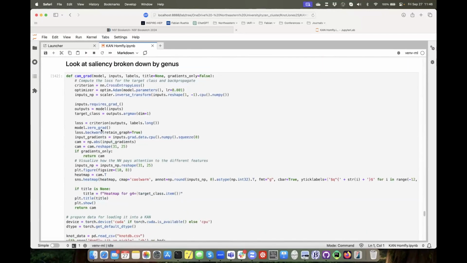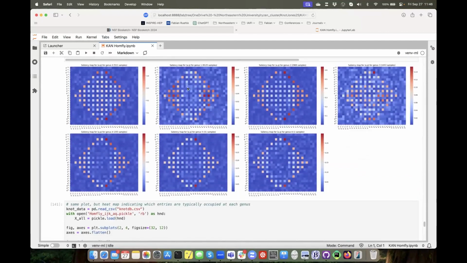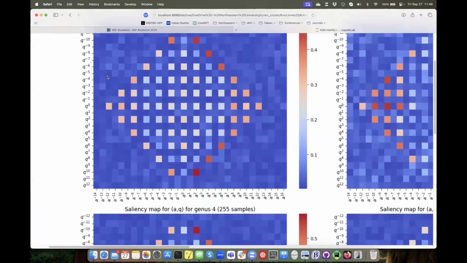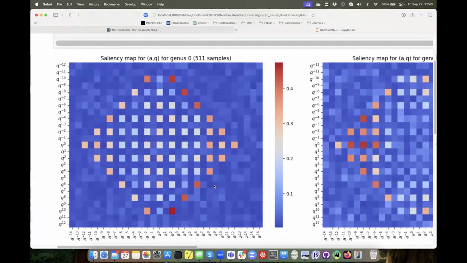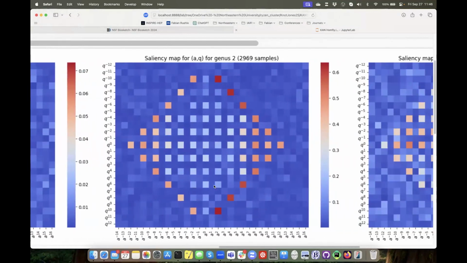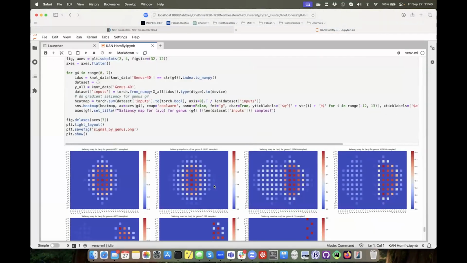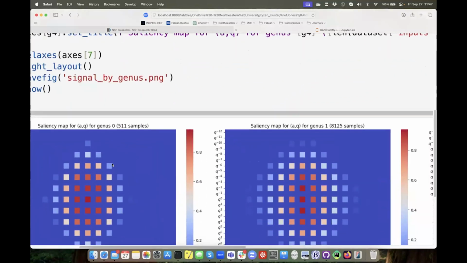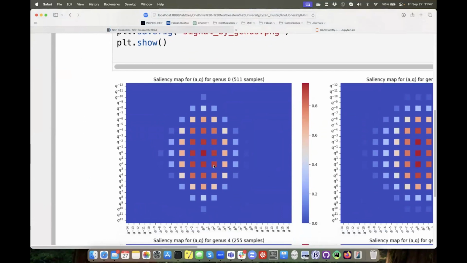This is essentially a superposition of all the saliency analyses if I only feed it genus 0 knots. Everything that lights up to detect genus 0, everything that lights up to detect genus 1, everything that lights up to detect genus 2, and so on. Then I looked at the distribution of entries for genus 0. You see that for genus 0, these Humphries coefficients are non-zero here.